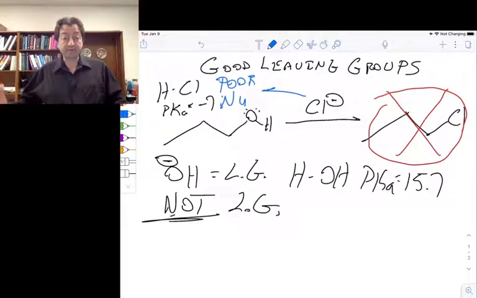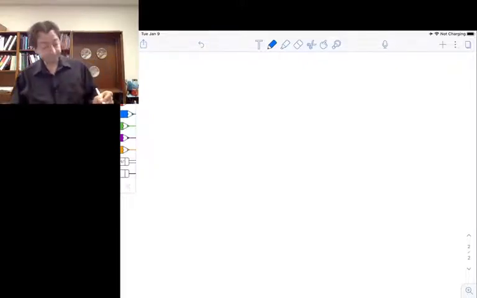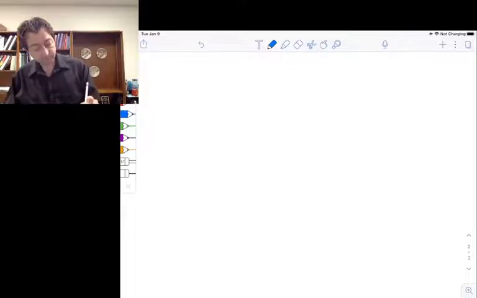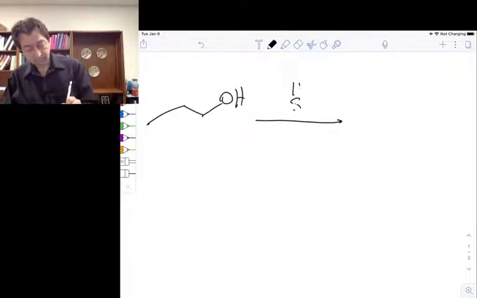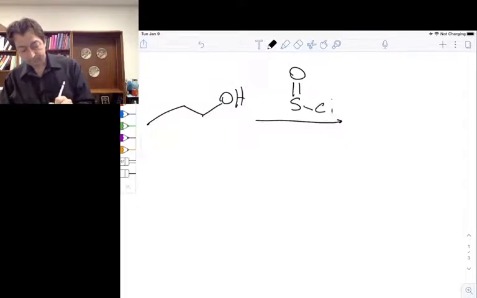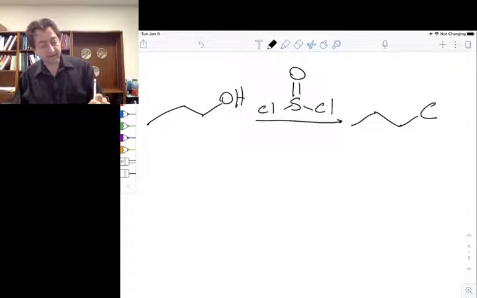Now, there's a couple of strategies we can use to accomplish this particular transformation, to make OH into a good leaving group. One of the strategies is this one here. We use this reagent called thionyl chloride.